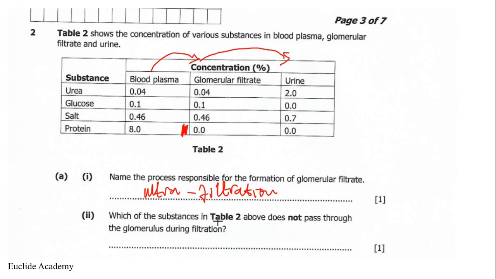So which of the substances in table 2 does not pass through the glomerulus during filtration? So definitely this has been filtered off, it does not pass through. The rest you can see they've passed through. So protein does not pass through. So the answer here will be protein.